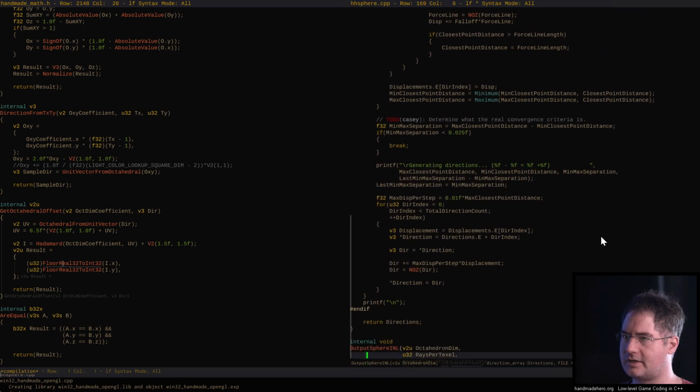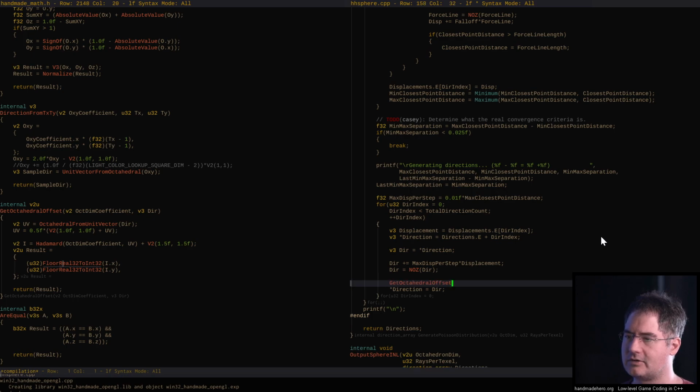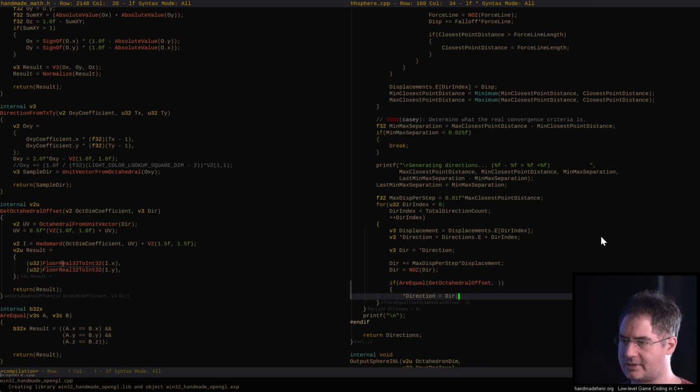We go into the update step, which is this, I think. And where we would update the direction, which is here, we only update the direction if it would stay in the same quadrant, right? So if they are equal, we can take the step, otherwise we can't.